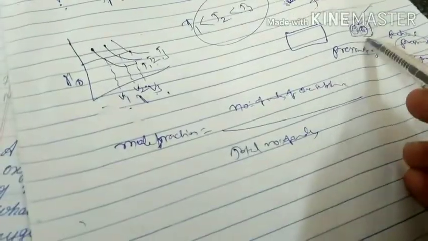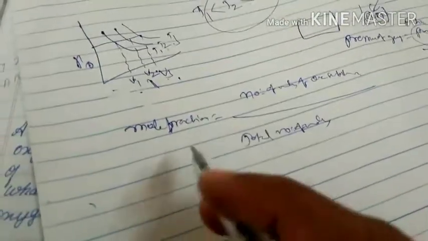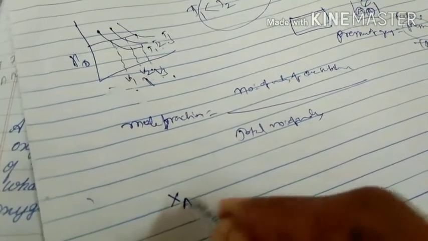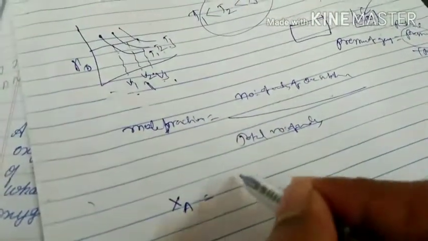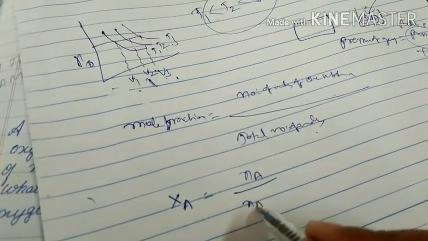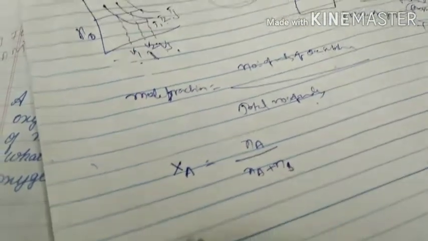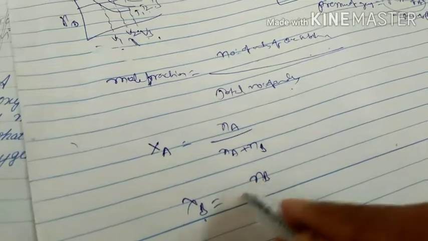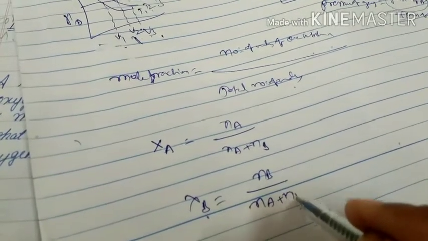Suppose in a gas container two gases are there, then mole fraction is represented by X. Mole fraction of A is equal to number of moles of A by total number of moles, nothing but Na plus Nb. Mole fraction of B is equal to Nb by Na plus Nb.